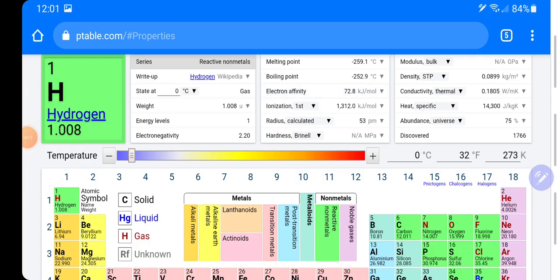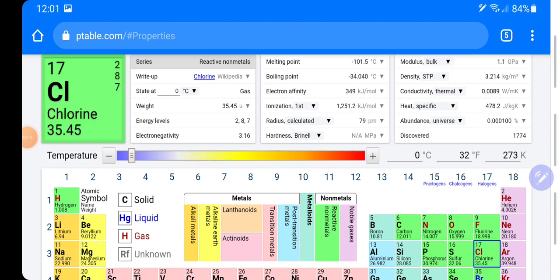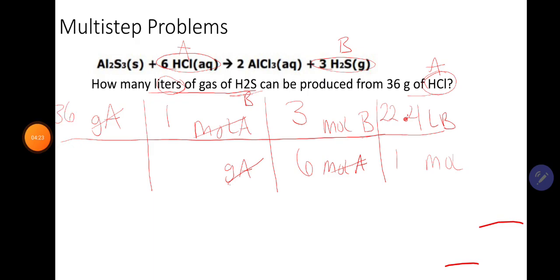Alright, hydrogen is 1. Chlorine we can say is 35, and our total molar mass is 36. 1 and 35 is 36. 36 goes right there. So if you have the same numbers that are diagonal or on top of each other, they cancel out. So that 36 and that 36 cancel.